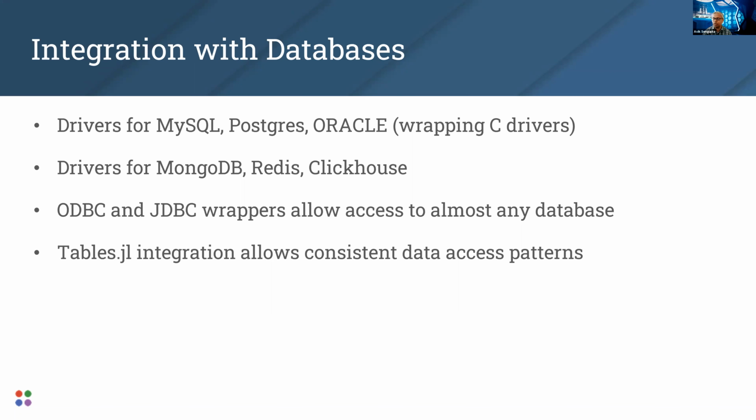So the use of this tables.jl interface gives a consistent view into two-dimensional data within the entire Julia ecosystem. And that makes it so much easier to have a consistent view of data, both from your data source side as well as your data analytics side, right?